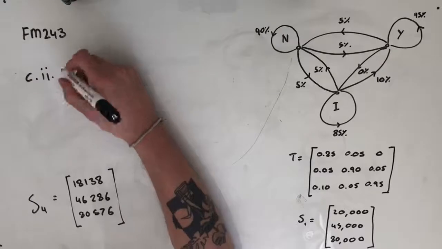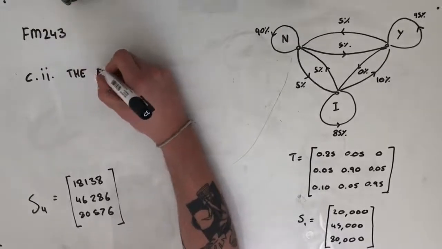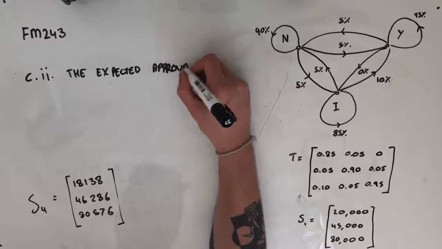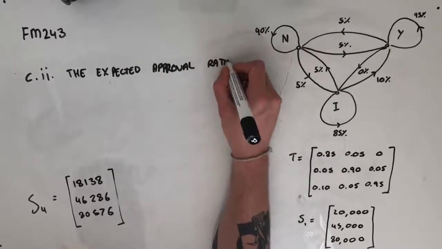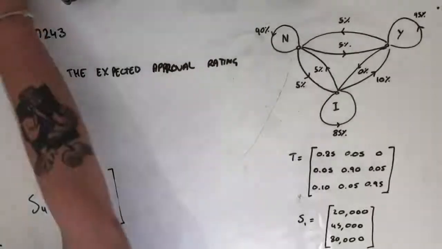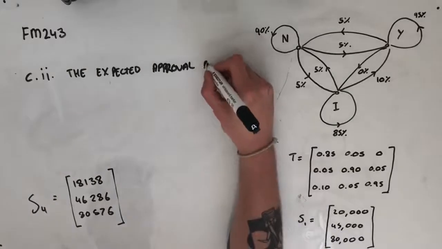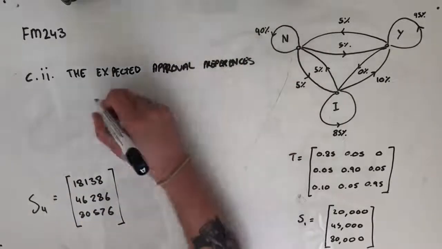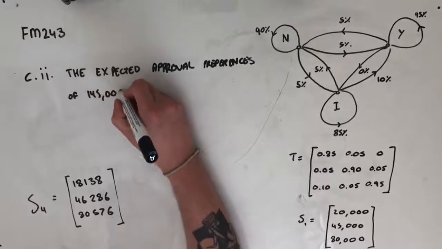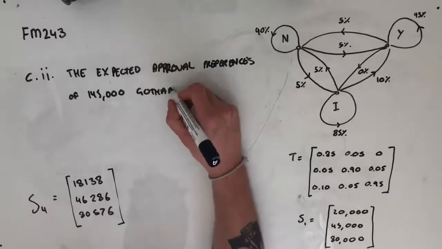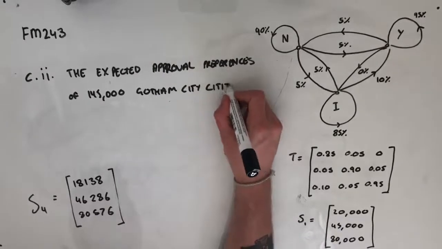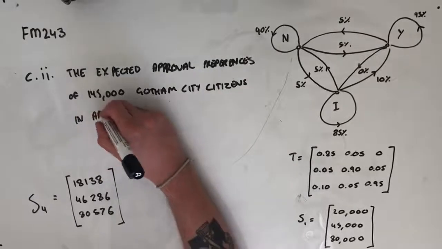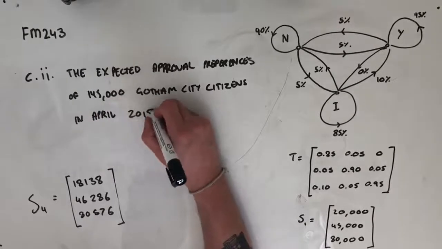And we can say that this information contains the expected preference of 145,000 Gotham City citizens in April 2018.